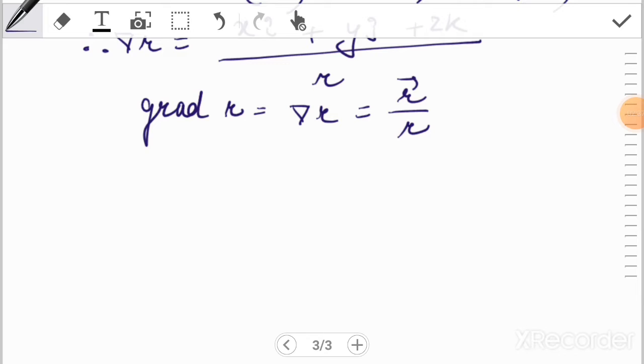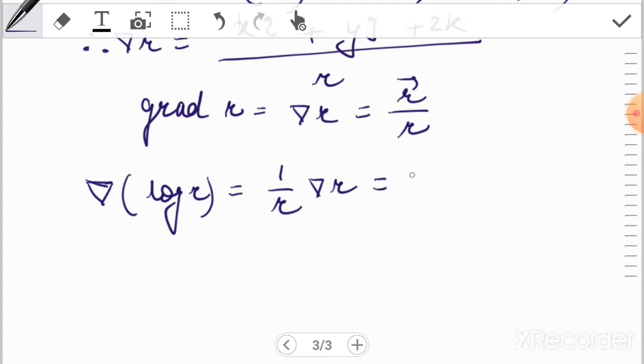Again, if we have to find del of log r, so which will be 1 by r del r. So 1 by r, and del r is r vector by r, so r vector by r square.